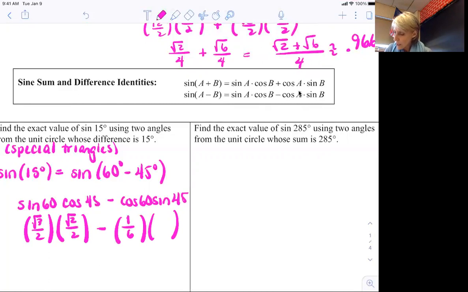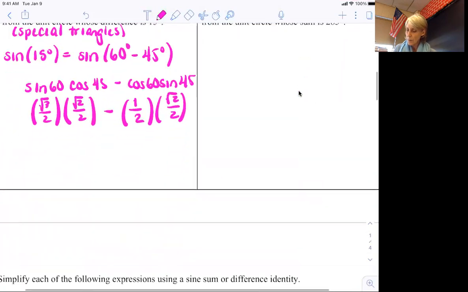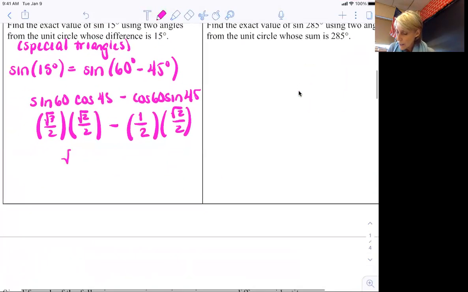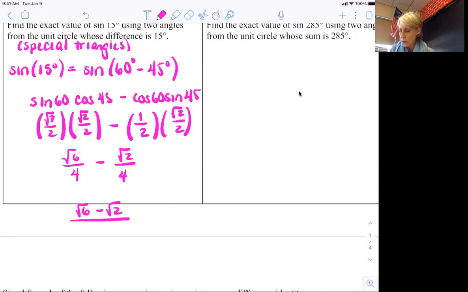Cosine of 60, sine of 45. And now let's do the math to work this out. Radical 6 over 4 minus radical 2 over 4. And that's going to equal radical 6 minus radical 2 all over 4. We want to kind of express these as a single ratio.